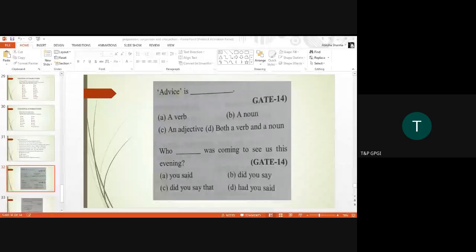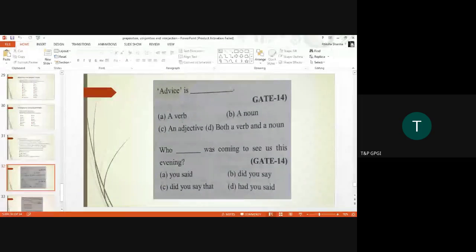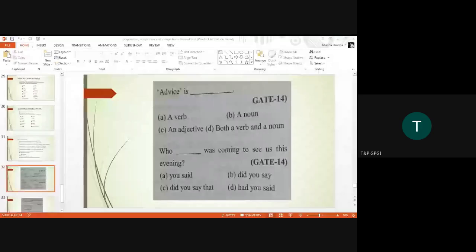Please give me your answers now. The first question is, advice is what? Is it a verb, a noun, an adjective, or both a verb and a noun? You can unmute yourself and answer, or write the answer in the chat box over here.